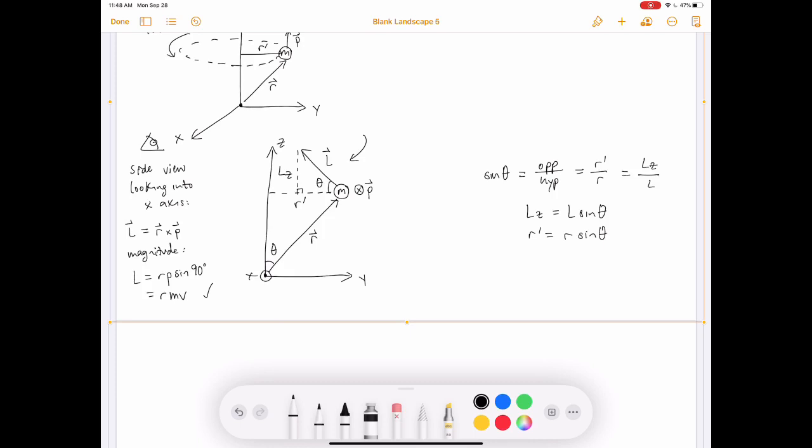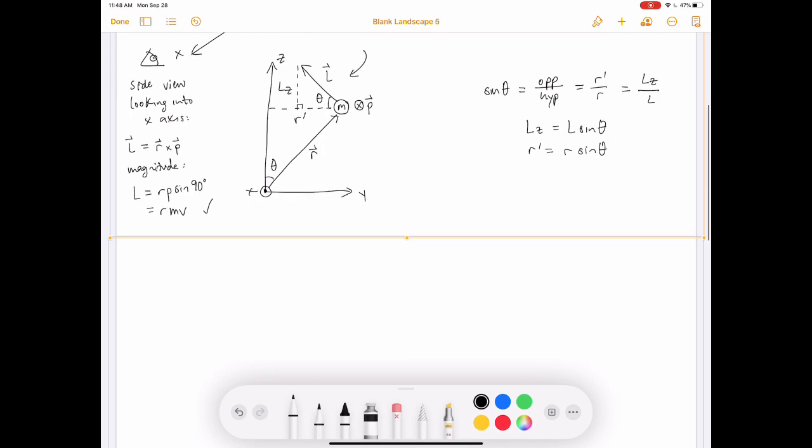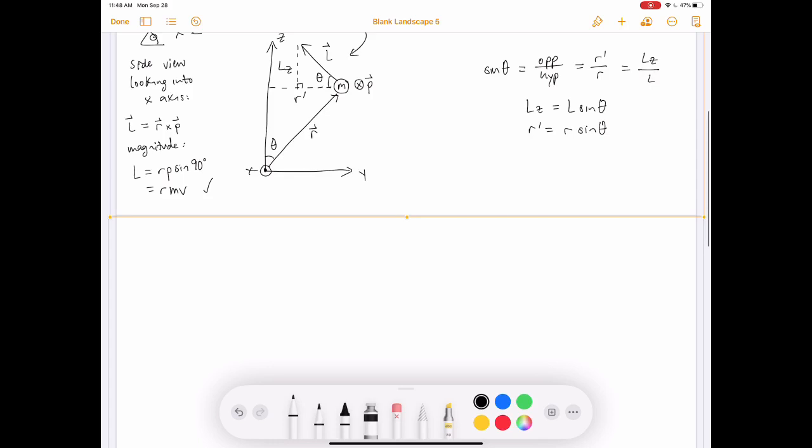Okay, so here's what we can do next with this. If LZ is equal to the magnitude L times sine theta, well, the magnitude is r times mv, and then we're going to multiply that by sine theta to get the z component, like we just said. And that's the substitution we made.